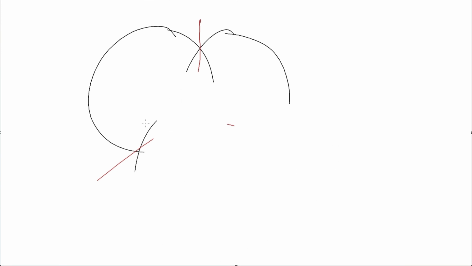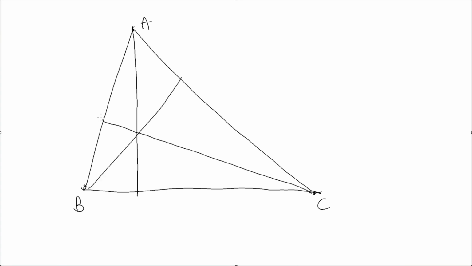To see this, let's look at our second example. So suppose that we have our triangle ABC, and we have our altitudes D, E, and F. So AD, BE, and CF are altitudes.